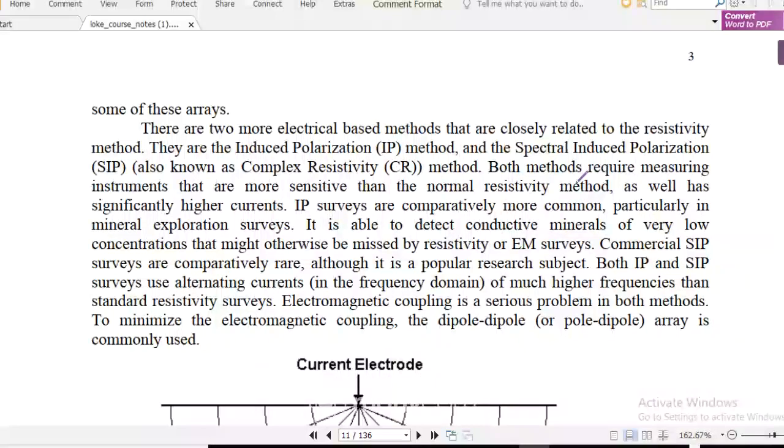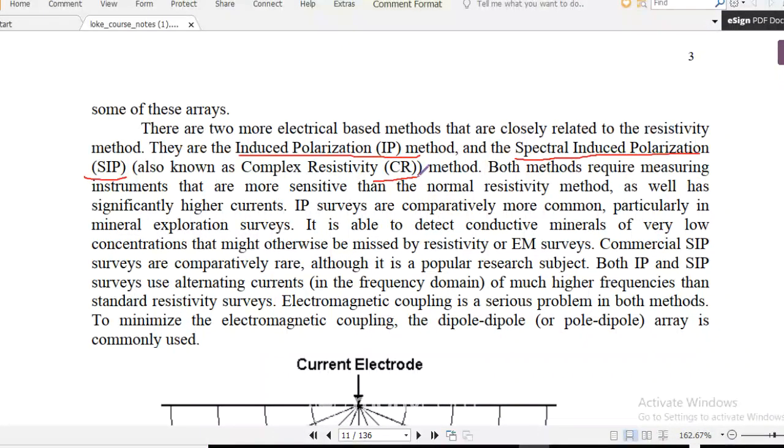There are two more electrical based methods that are closely related to the resistivity method. These are the induced polarization method and the spectral induced polarization method, SIP, also known as the complex resistivity, CR, method.